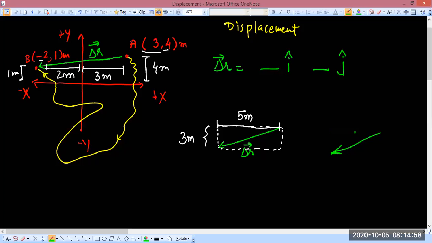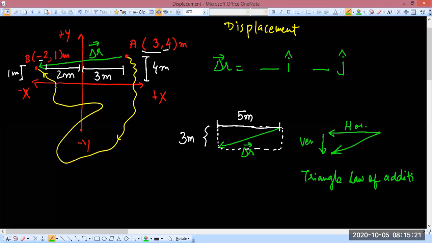If I want to make it in the form of two components, the horizontal component shall be made like this, and the vertical component shall be made like this. Do you agree? I'm using triangle law of addition. Clear?